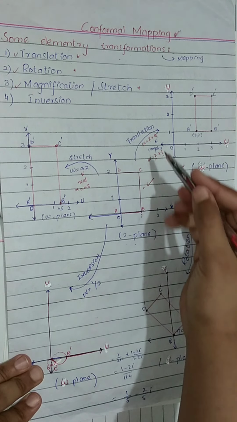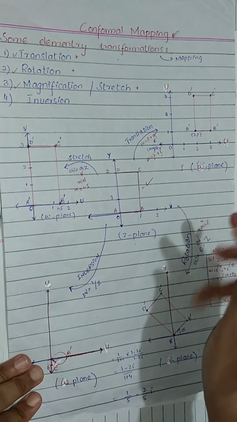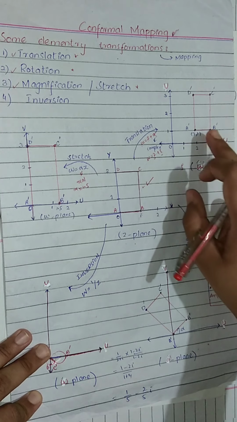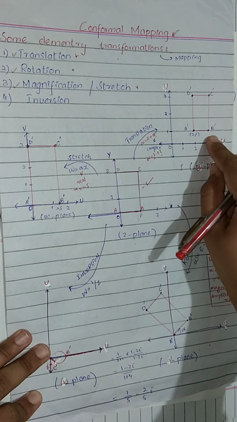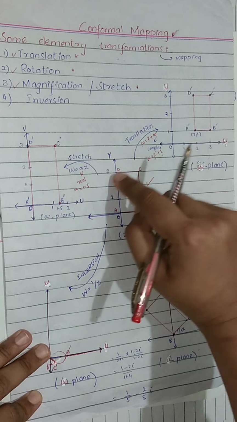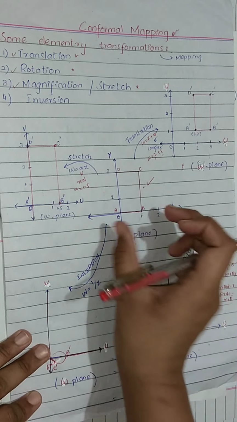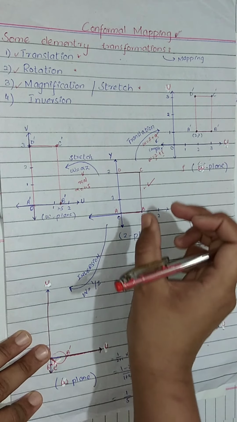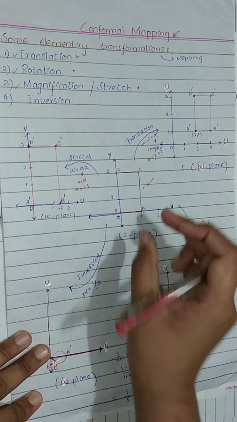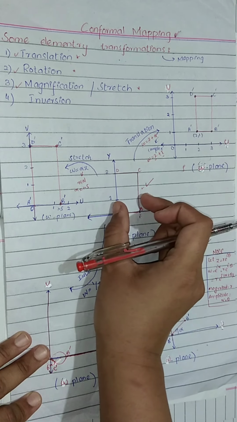When we add alpha to Z, this graph will move. So this point is also moved, C will also move and D will also move. In translation, our graph is in this form, so it will map into the plane as it is in this form.